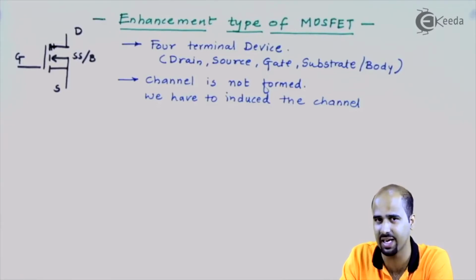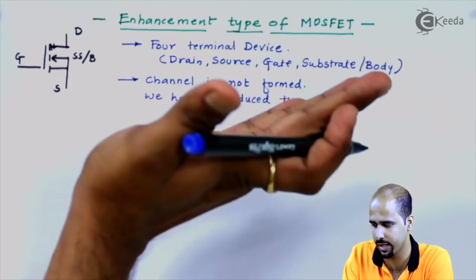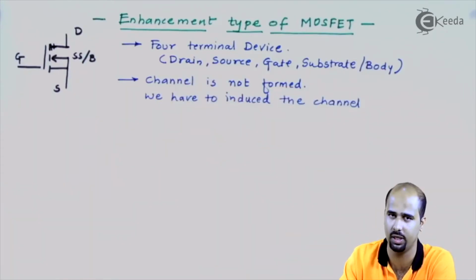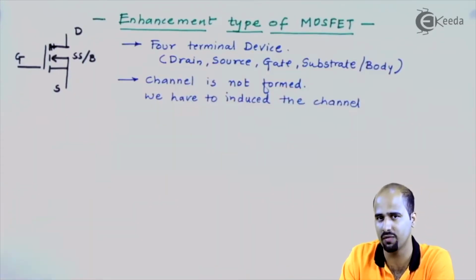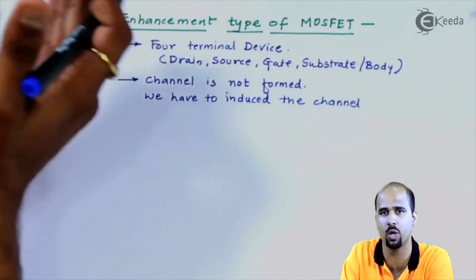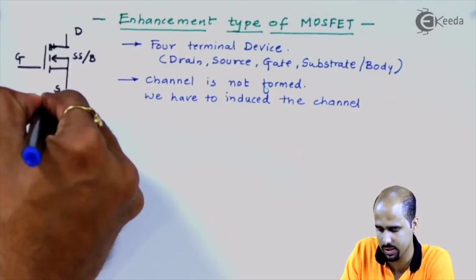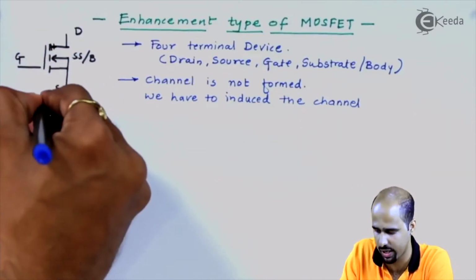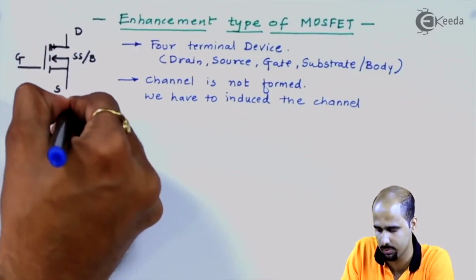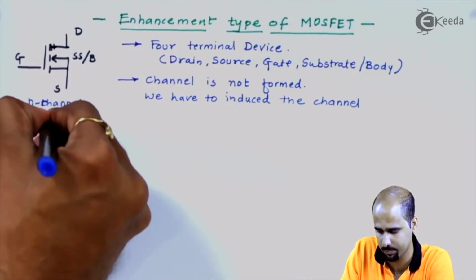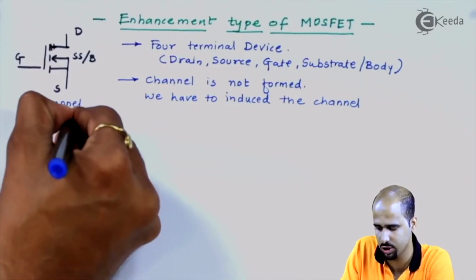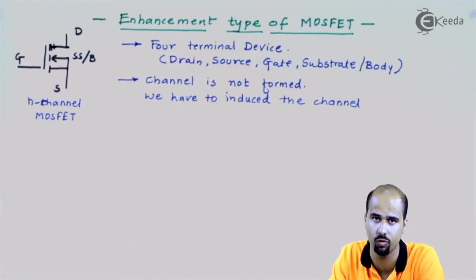If we apply a positive gate potential, then and only then we will get the negative channel. So the enhancement type of MOSFET we get here is the N type enhancement MOSFET, called the N channel MOSFET.